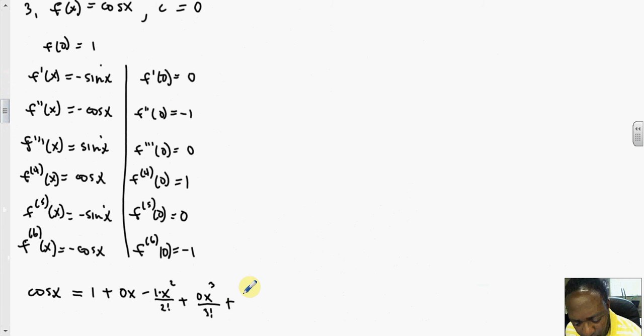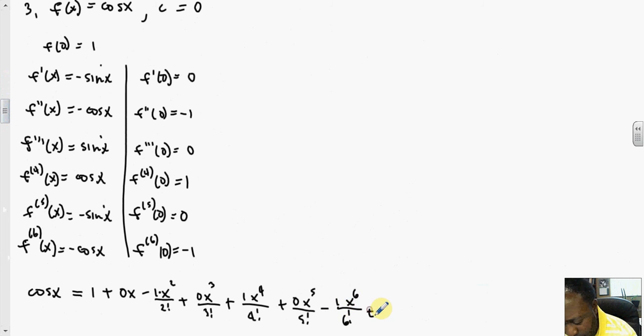This is just 1 times x to the fourth over 4 factorial. The fifth is 0, plus 0 times x to the fifth over 5 factorial, minus 1 times x to the sixth over 6 factorial plus and so on.